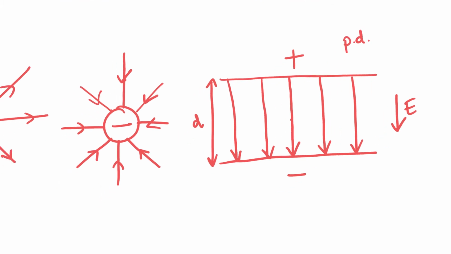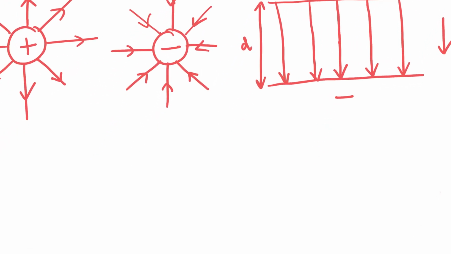And those are linked together by the equation E, the electric field strength, is equal to the potential difference across the plates, so we use V for that, divided by the separation of the plates, and that's the lowercase d. In this equation, the potential difference is measured in volts and that separation is measured in meters.